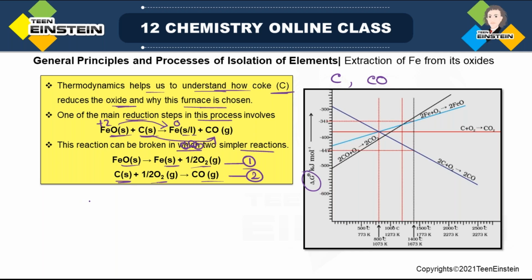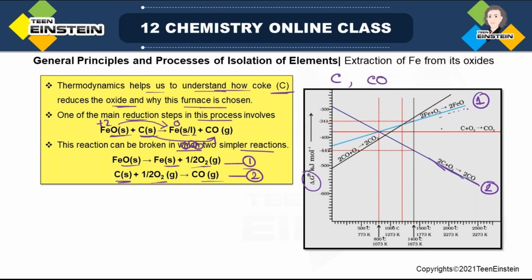Now carbon plus half oxygen converting to CO, that is actually this line. That is for reaction equation 2, this line we have to consider. And for the other reaction, that is conversion of FeO to Fe and oxygen, you can find it here, this one. But remember, that is the reverse equation.